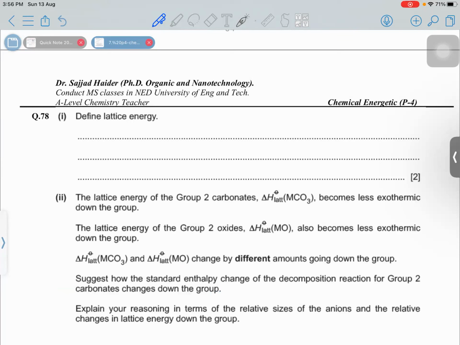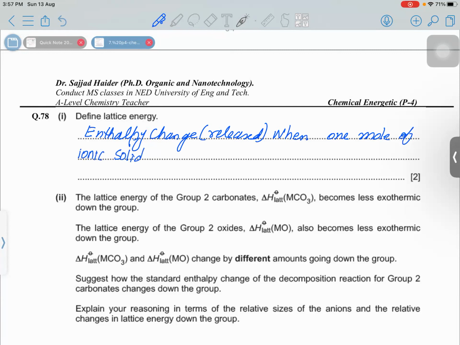So it's the enthalpy change when 1 mole of solid compound is formed from gaseous ions under standard conditions. Enthalpy change, or released. Enthalpy change when 1 mole of ionic solid is formed. This is for mark 1.